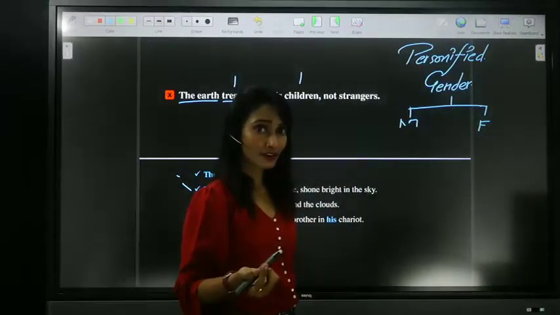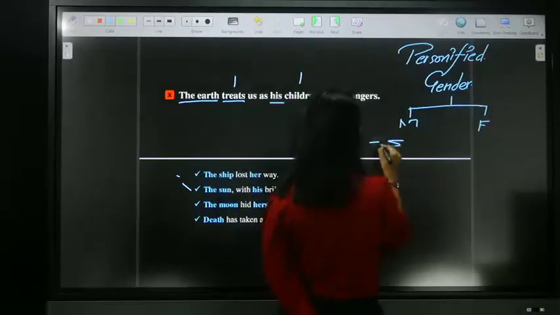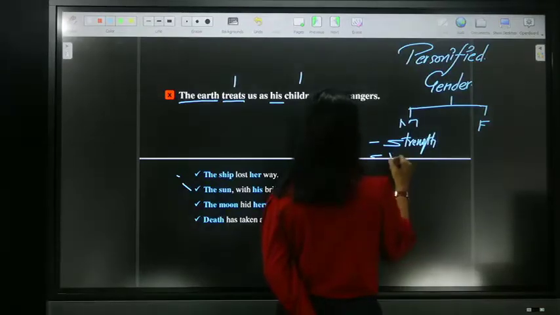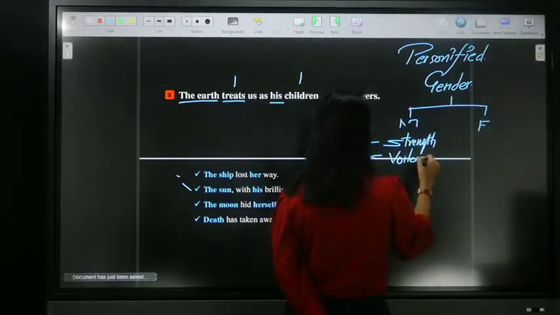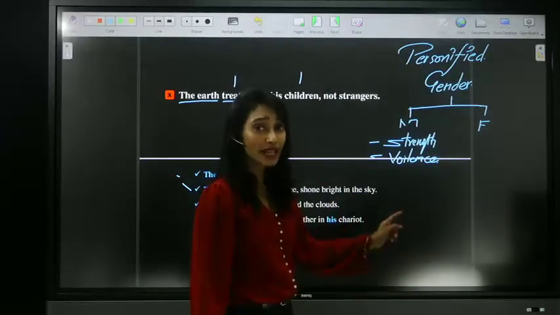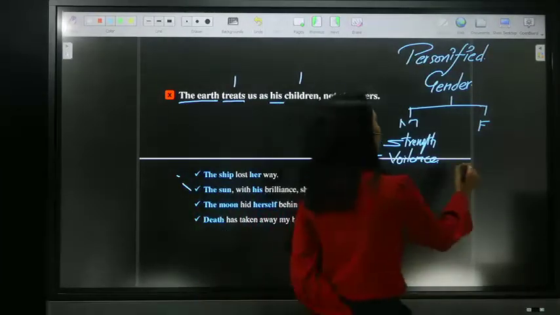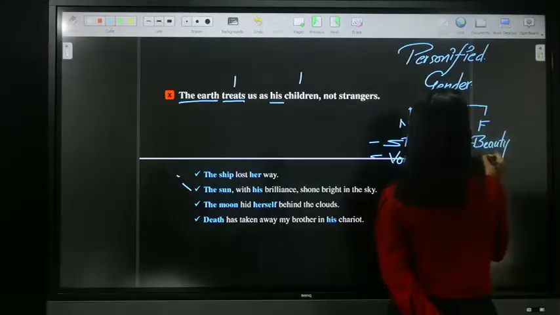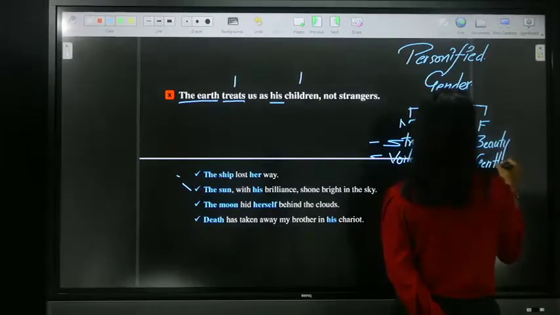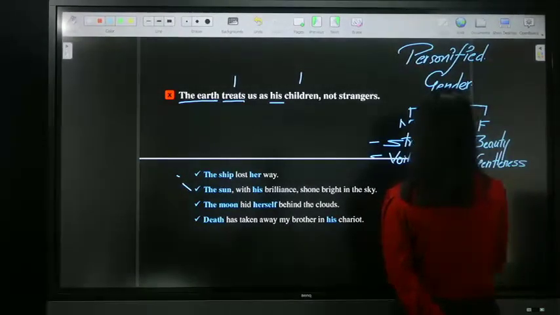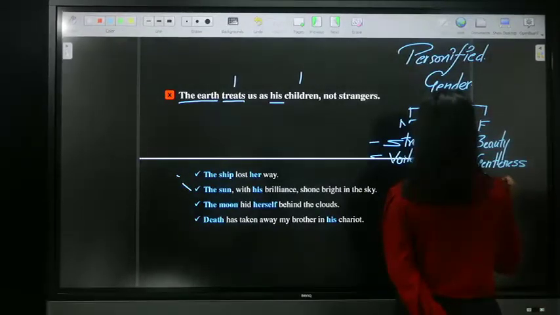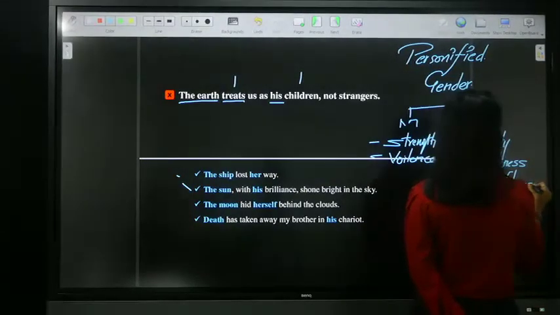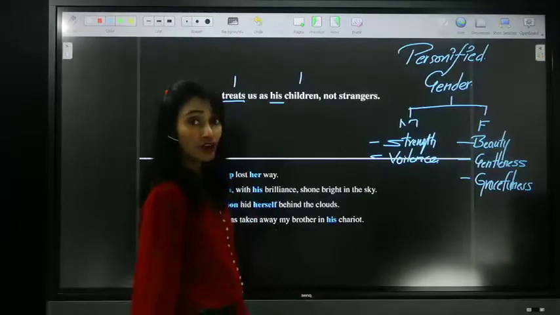If you remember, objects noted for strength and violence come under masculine, whereas objects noted for beauty, gentleness, and gracefulness come under feminine.